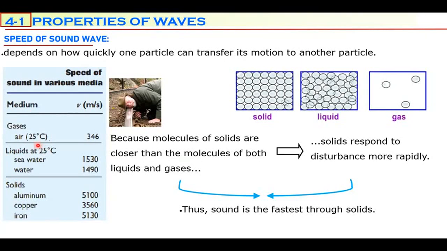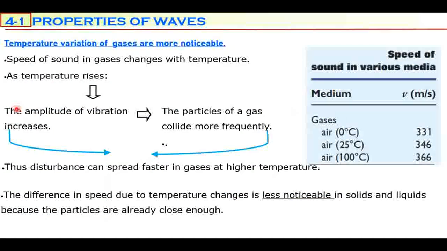Another thing was temperature, which changes the property of the medium. If you change the property of a medium, you can also change the speed of a wave, so sound. The speed of sound in gases changes with temperature. As you see here, air at 0 degrees Celsius, air at 25 degrees Celsius, air at 100 degrees Celsius: there is a slight difference between these numbers.